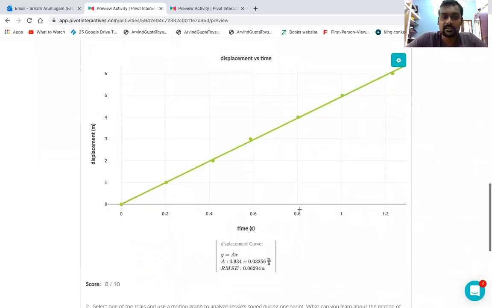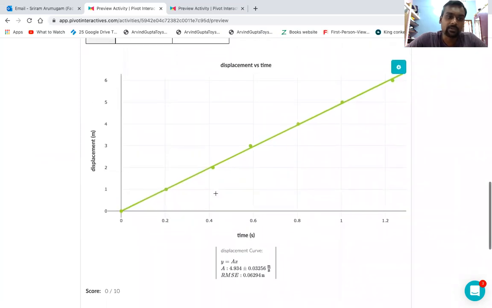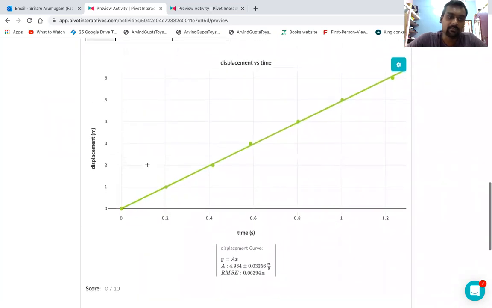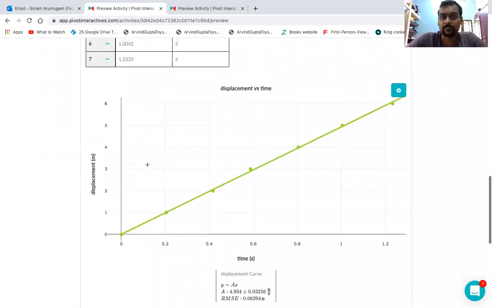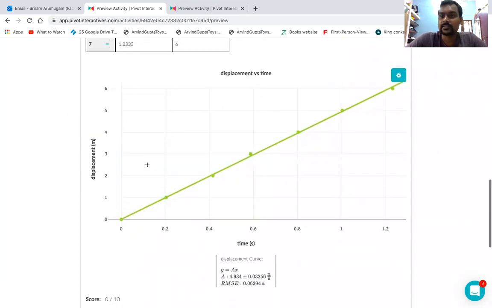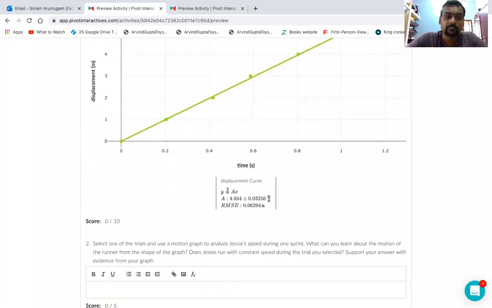So you can clearly see now that the displacement time graph is a straight line making an angle with the x-axis. Now I would like you to keep a note of the A value, which is the gradient here. It's 4.934.